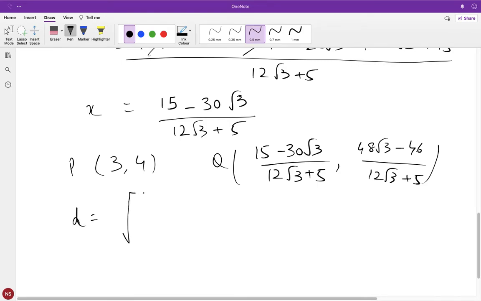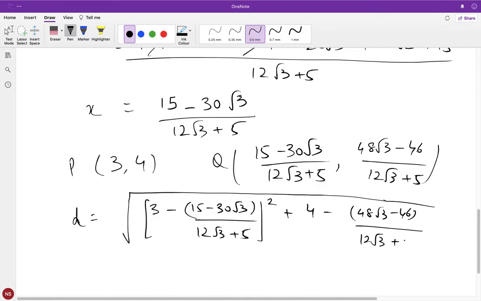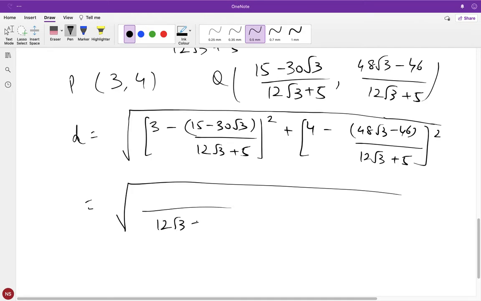Distance is square root of this 3 minus 15 minus 30 root 3 with brackets, don't forget, whole square, 4 minus brackets. It's taking forever to solve this question. 12 root 3 plus 5 whole square, 12 root 3 plus 5 whole square.